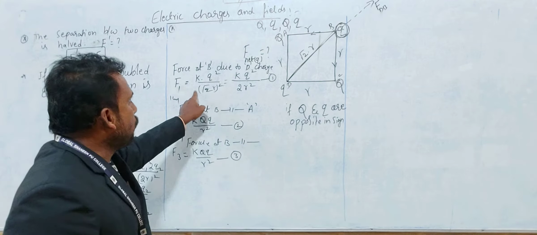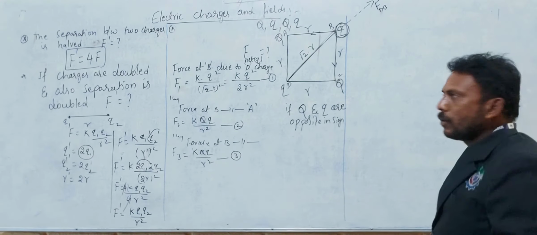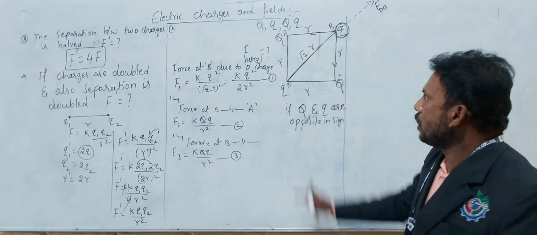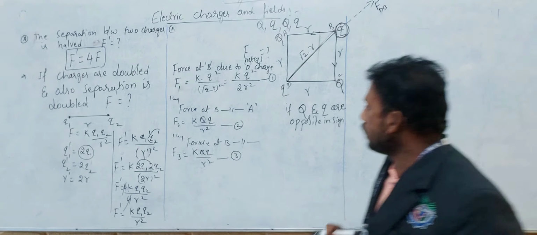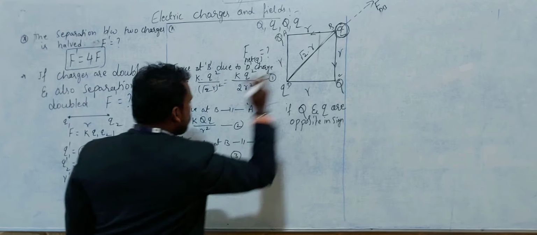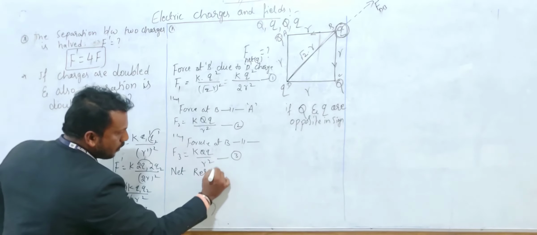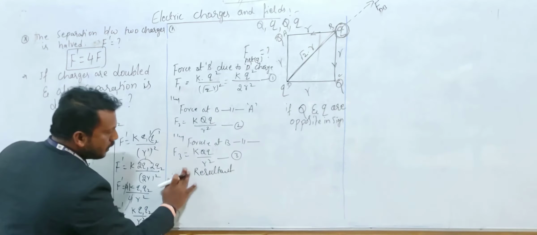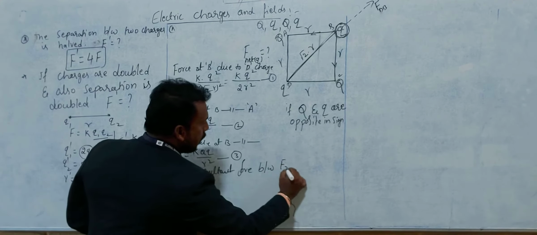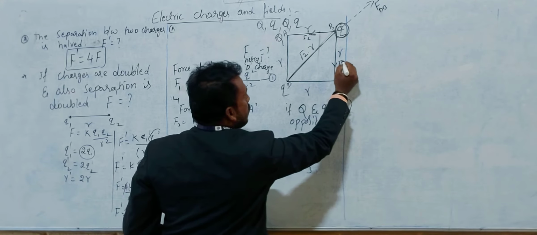Okay. This F1 is acting in outward direction because similar charges repel each other. And the force between capital Q and small q charges, being opposite in sign, attract each other. The net resultant force due to these two capital Q charges is between F2 and F3.